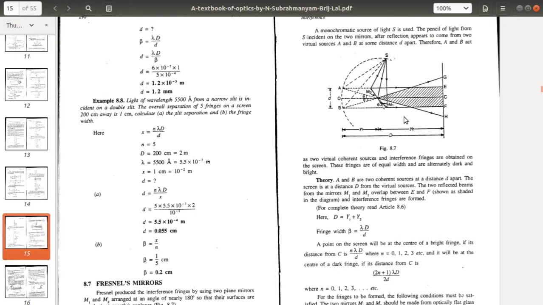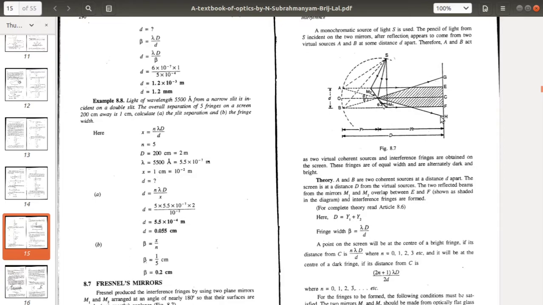So this is Fresnel's two-mirror arrangement. We have actually used a single source here, but by using these two mirrors in this arrangement, we can produce two virtual sources behind these mirrors, and these virtual sources produce bright and dark fringes on the screen.